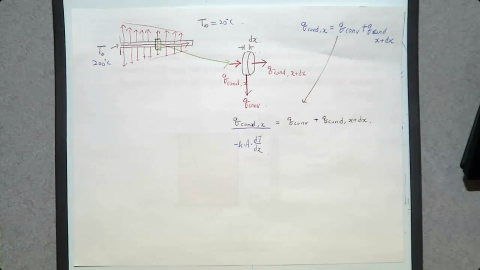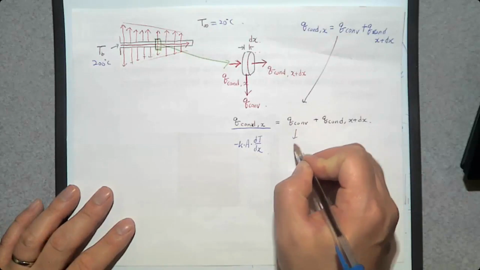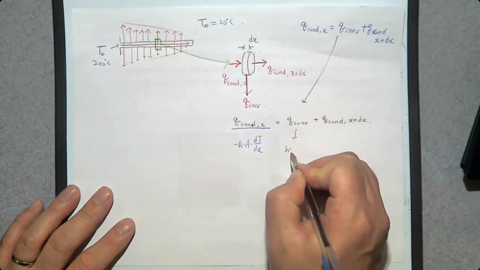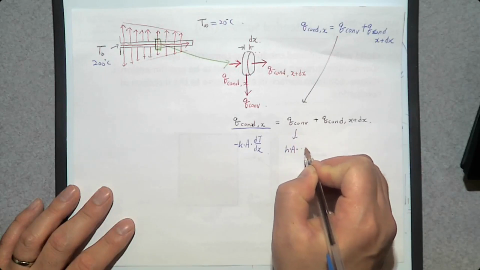That's how we can determine conduction heat transfer that goes into this small volume from left to the right. What about this convection? We can use Newton's law of cooling, which is h times area times temperature difference, delta T.